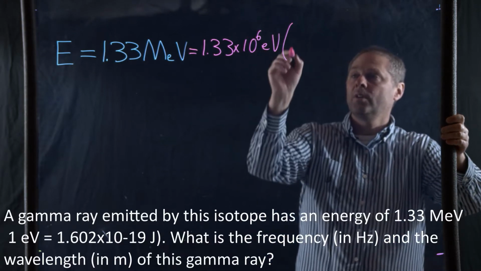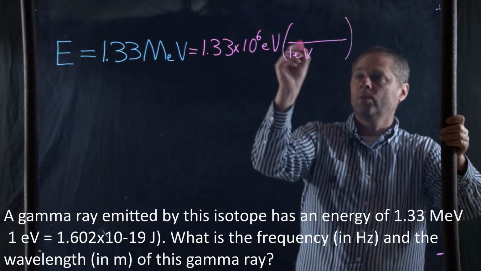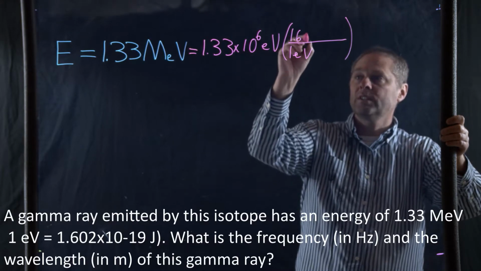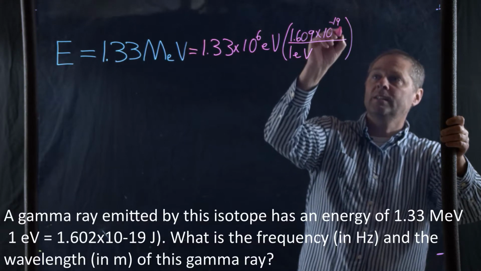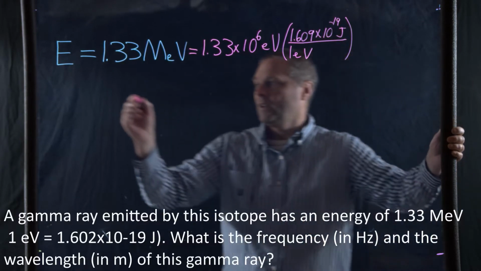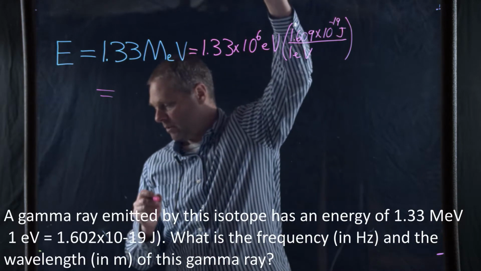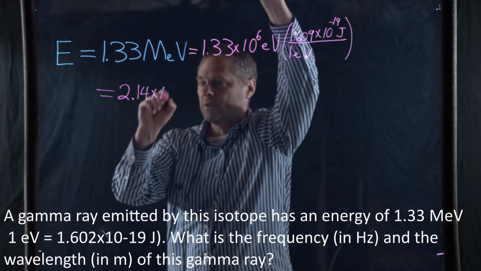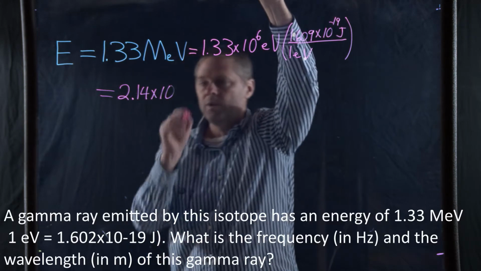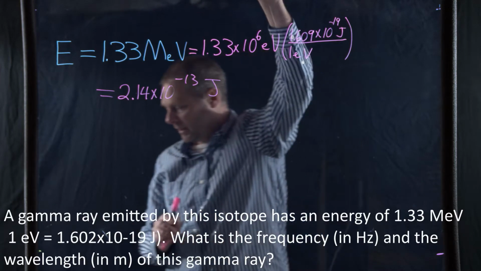Then 1 electron volt is equal to 1.609 times 10 to the minus 19th joules. If we do this arithmetic very quickly, this becomes equal to 2.14 times 10 to the negative 13th joules. So that's the energy in joules.